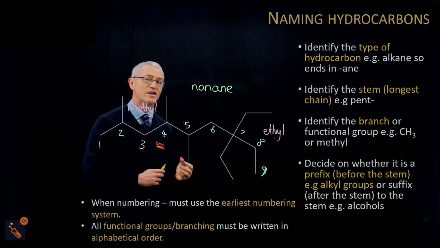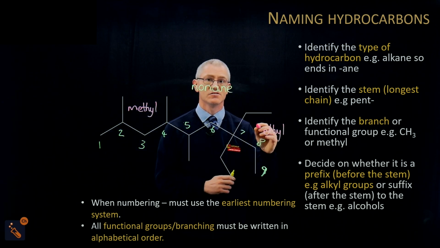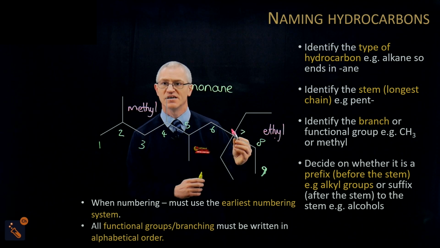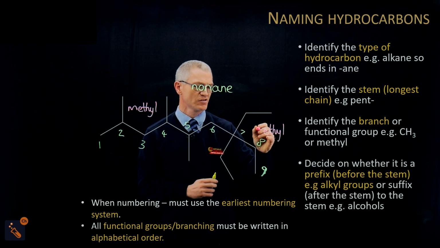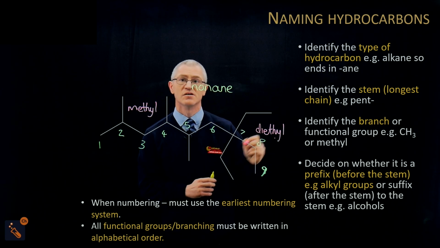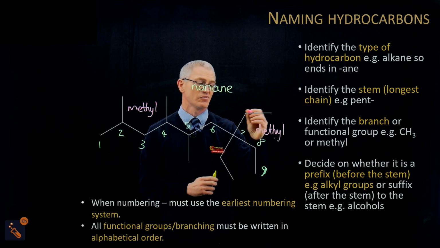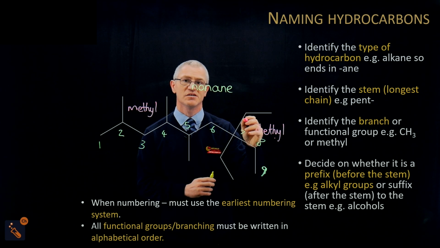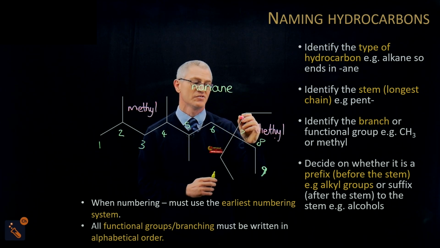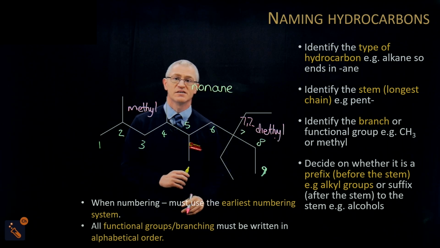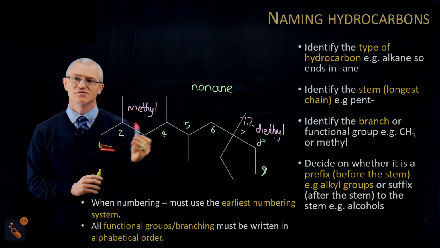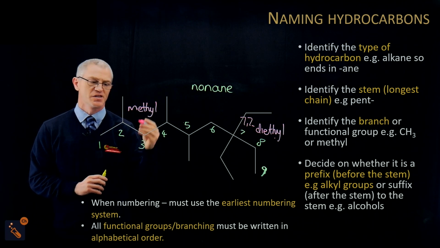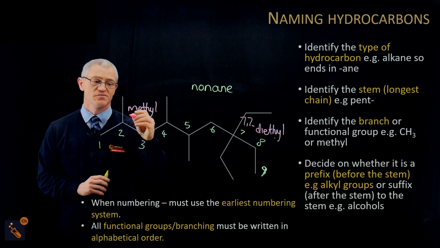Okay, so we need to know where those ethyls are. If we look at where these ethyls are, they are at 7, and there's 2 of them. So that's a diethyl. Okay, and I haven't got much space here, so I'll put this up here. They're both at number 7, so that would be 7,7-diethyl. If you look at the methyl, 2, 4, 5, it's going to be tri.